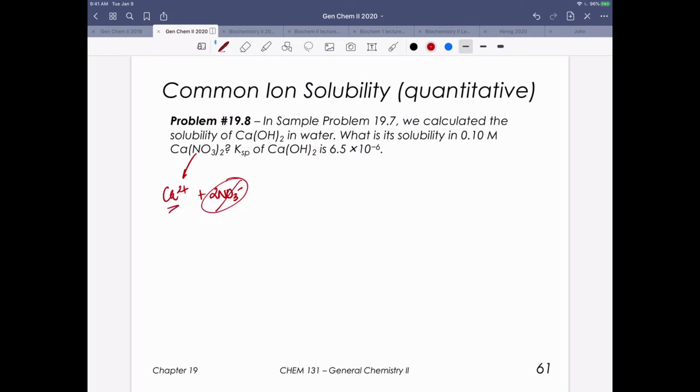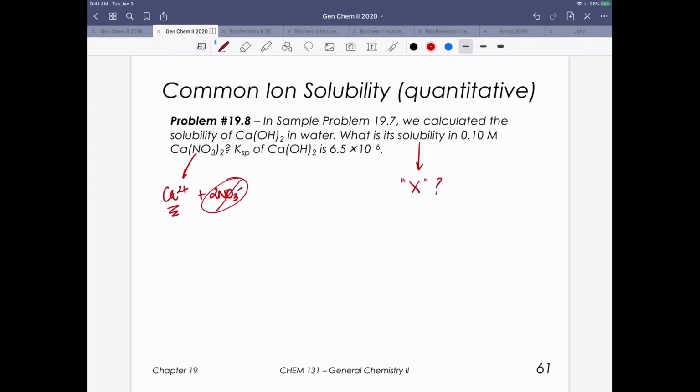But if I'm adding extra calcium ions, if I'm filling up that bucket already, if you will, with calcium ions, hopefully based on our previous discussion, you should be thinking that the solubility of calcium hydroxide is actually going to go down if we've got a common ion there. The question is, though, how much? So remember, when we have a problem that says, what is the solubility, that's really asking us, what is x in our ice table?